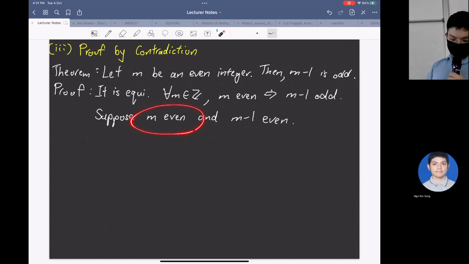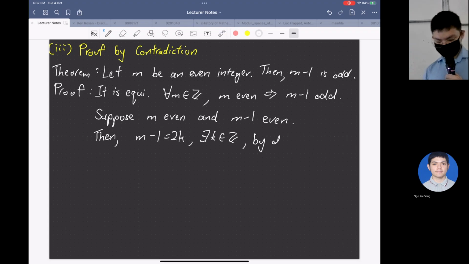So suppose m is even, m minus 1 also even, okay? Then I start from the result. Then m minus 1 equals 2k for some k in Z. This one is by definition, right? Okay.